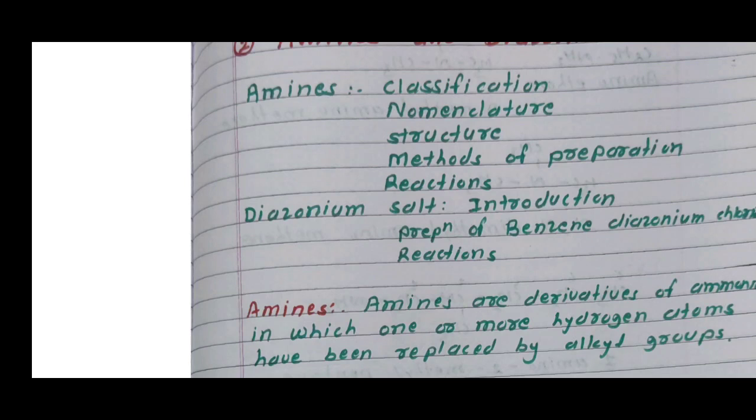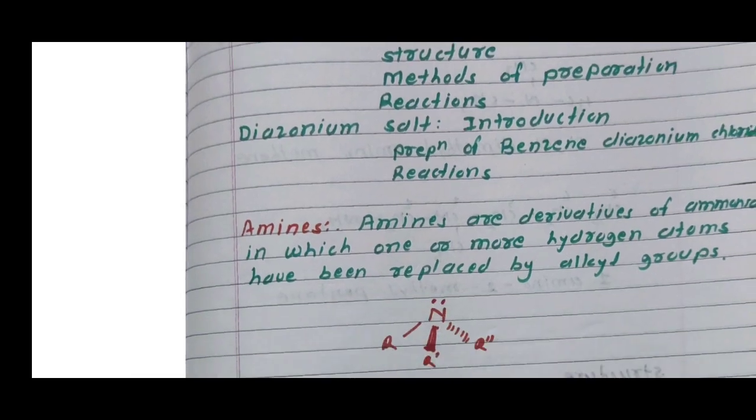What is meant by amines? Amines are derivatives of ammonia in which one or more hydrogen atoms have been replaced by alkyl groups. Ammonia, NH3: three hydrogen atoms are replaced by alkyl groups, or 2 hydrogen atoms replaced by alkyl groups, or 1 hydrogen atom replaced by an alkyl group.